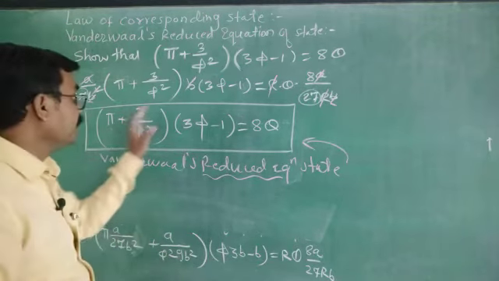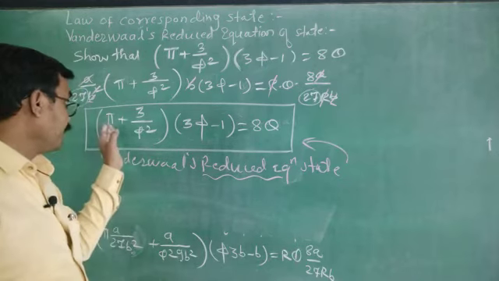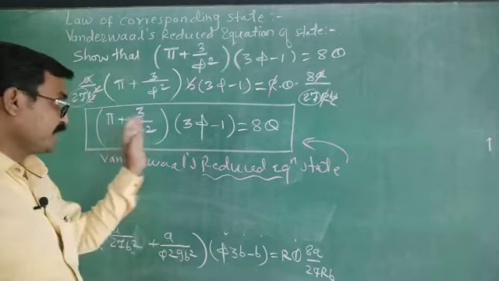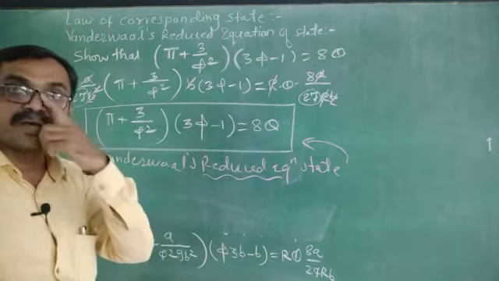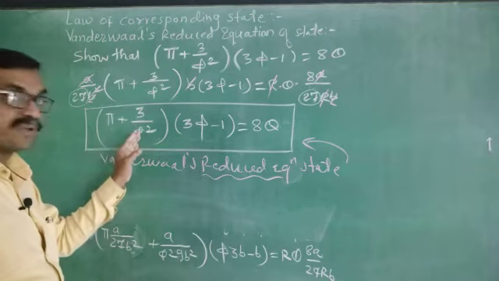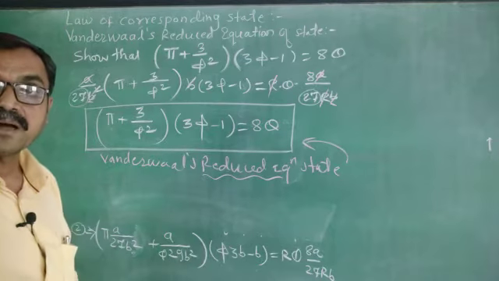Sometimes it may be asked in examination: if pi, phi and theta are reduced pressure, reduced volume and reduced temperature, then show that (pi plus 3 upon phi square) into (3 phi minus 1) is equal to 8 theta.